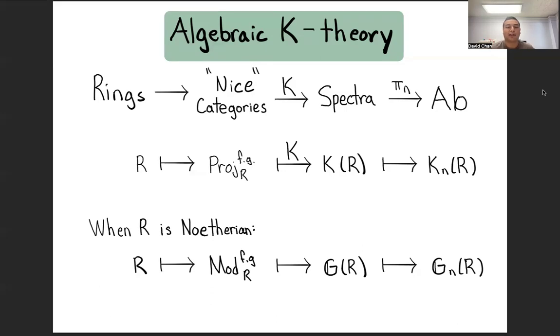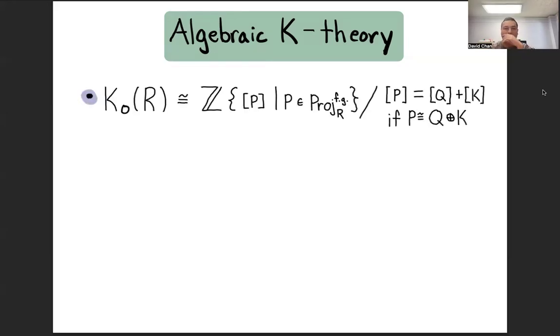And when you take K-theory, you get something which I'm going to denote by G of R, or the G theory of the ring R. And the homotopy groups, I'll write Gn of R for this. So you'll notice I'm writing my G with a boldface. This is a talk about equivariant something or other, so there's going to be a lot of G's floating around. Every time there's a boldface G, this is G theory in the sense of taking K theory of some category of finitely generated modules.